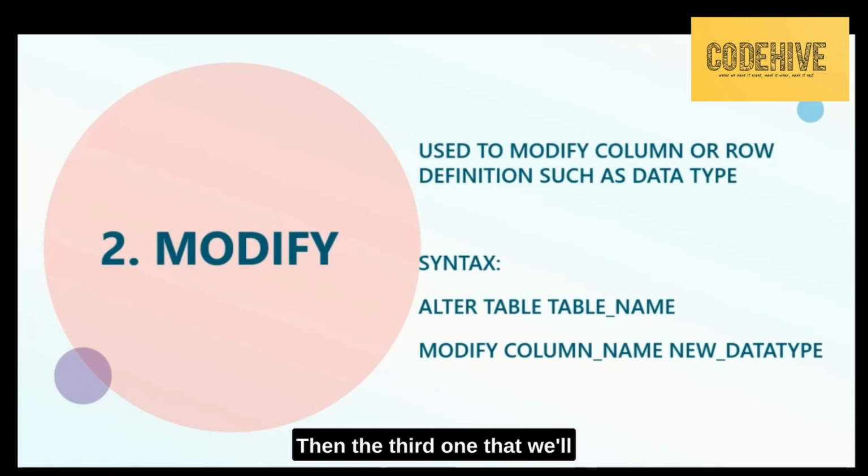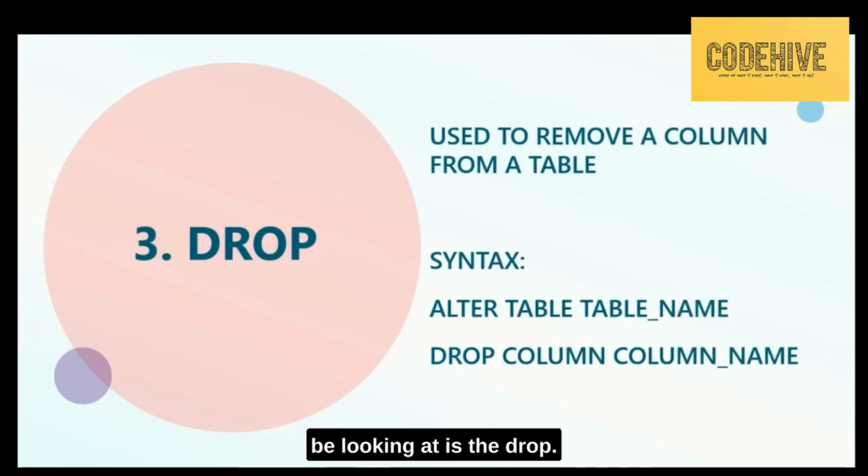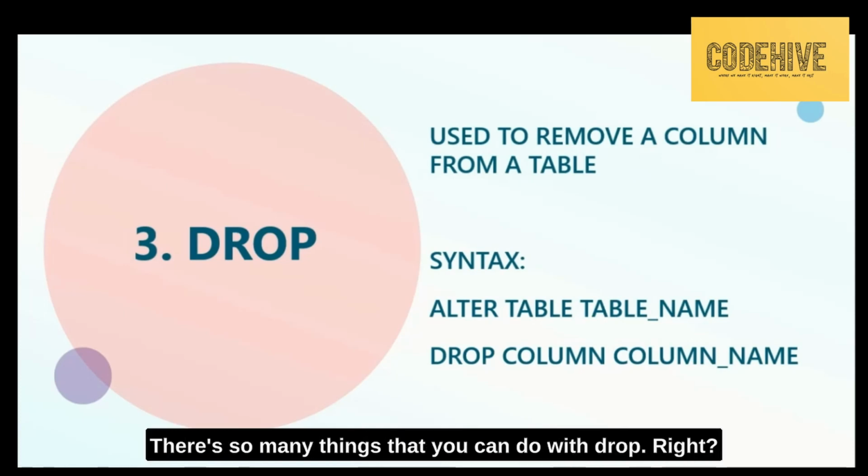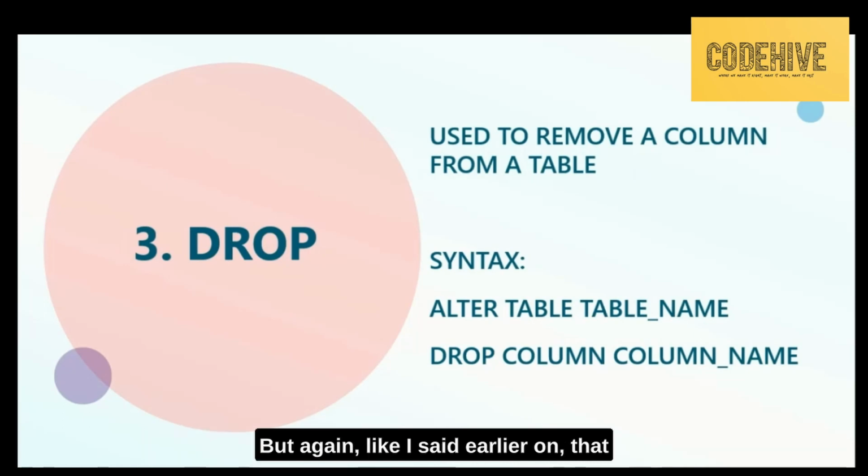Then the third one that we'll be looking at is the drop. It is used to remove a column from a table. When I did the video for the alter statements in SQL, you could drop a database, you can drop a table, you can drop a column. There are so many things that you can do with drop, right? But like I said earlier, if you really understand the basic syntax, then you should be able to get it all right.